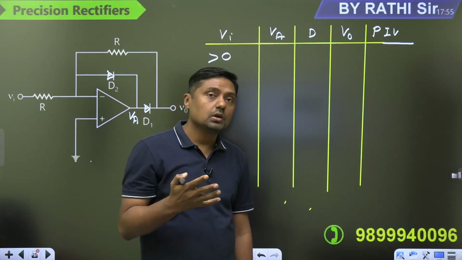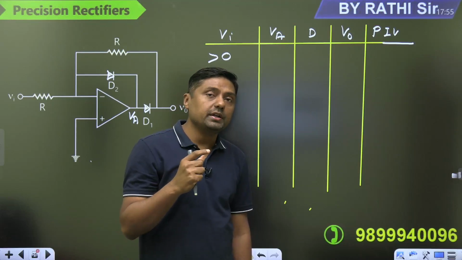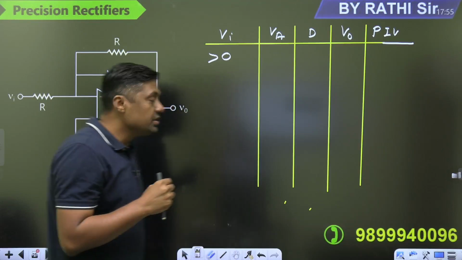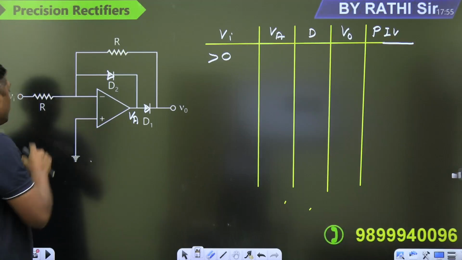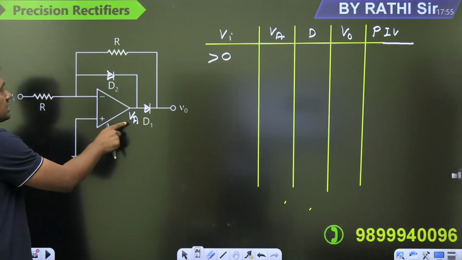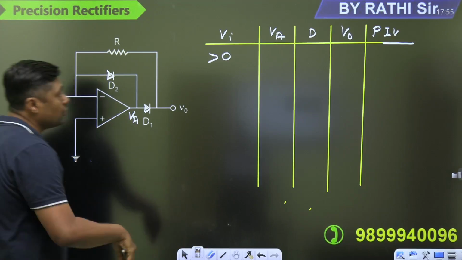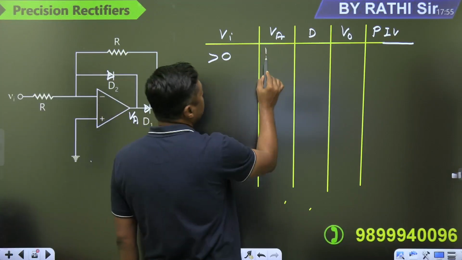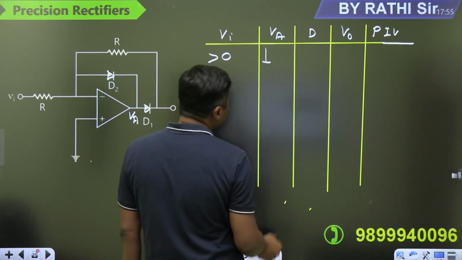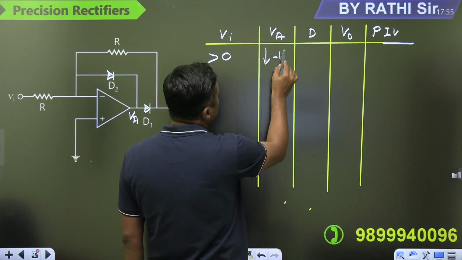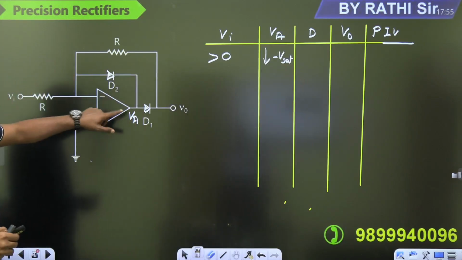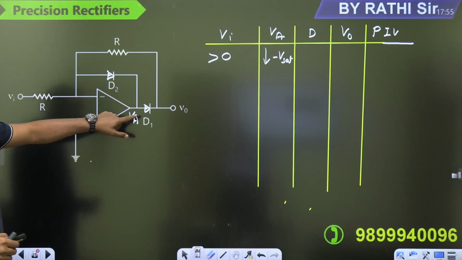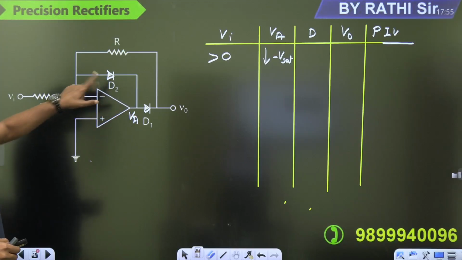Practical diodes, so the minimum voltage required is 0.7 volt. VI is greater than 0, and that's why this voltage is less than 0. It is going towards minus Vsat. When it is going towards minus Vsat, it is negative. So because of the negative value, diode D1 is off and diode D2 is off.